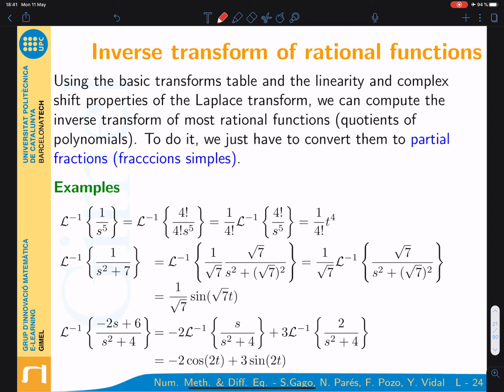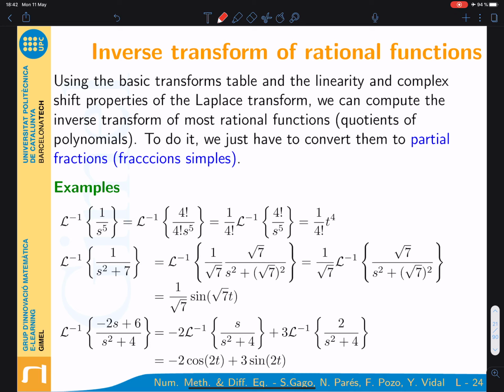Now, to end this video lecture, we will talk about the inverse Laplace transform for rational functions. We already know what the inverse Laplace transform is, but as I said, we don't know how to go backwards. We really don't know exactly how to compute the inverse Laplace transform.